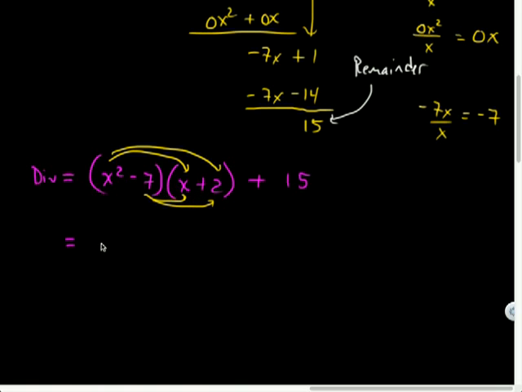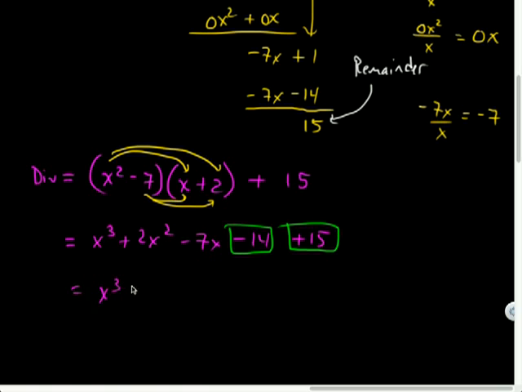So let's see, x squared times x is x cubed. x squared times 2 is plus 2x squared. Negative 7 times x is negative 7x, and negative 7 times 2 is negative 14, and then I've got plus 15 hanging out. Do I have any like terms I can combine? Negative 14 and 15, yep, so those guys are friends for life.